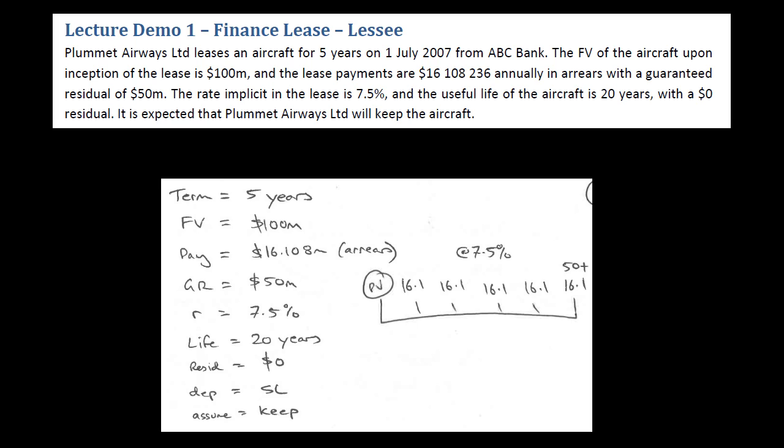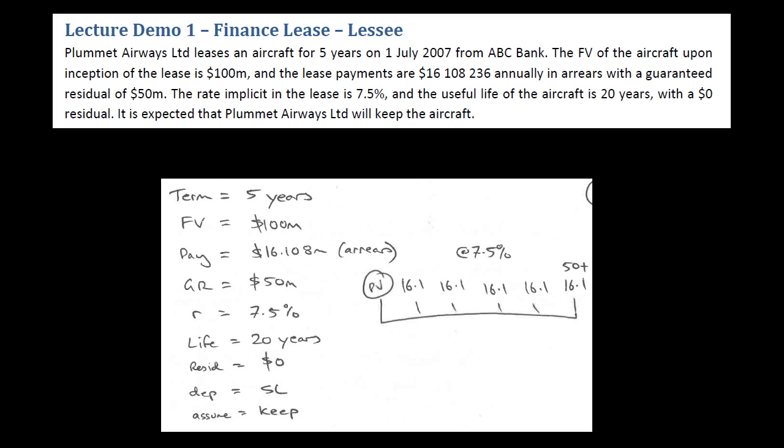There's a guaranteed residual of 50. The rate implicit is 7.5%, which makes it kind of tricky to do with the appendices in your textbook, but nonetheless. Useful life is 20 years.